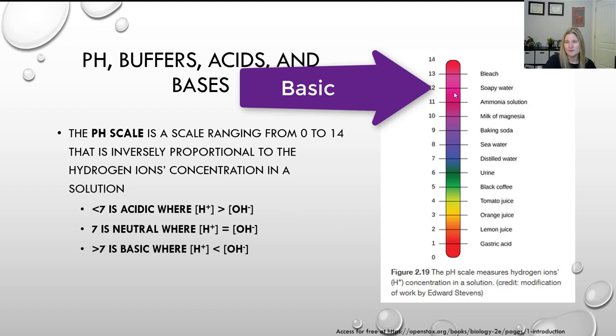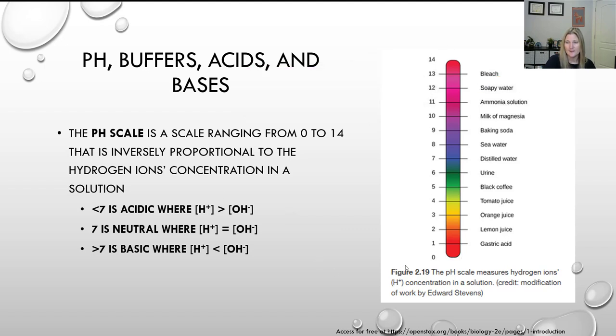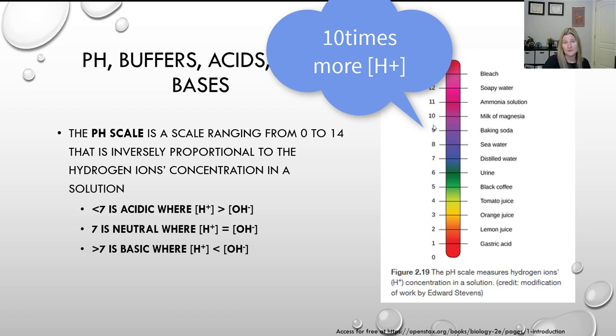Another thing when we're dealing with the pH scale is that it's a logarithmic scale. So that means every time we move up or down our pH scale by 1, we're actually increasing or decreasing the concentration of hydrogen ions by a factor of 10. So for example, baking soda at pH 9 compared to milk of magnesia at pH 10, baking soda actually has 10 times higher concentration of hydrogen ions than milk of magnesia.